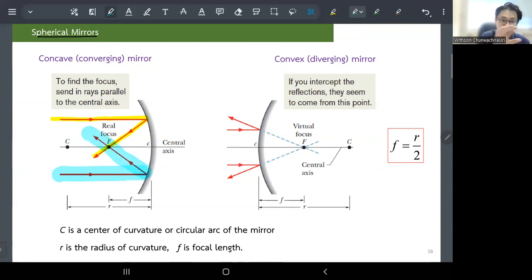If you have a horizontal ray that goes in, this horizontal line you can call the central axis. It's like you cut your mirror in half horizontally. When the light comes in as a parallel beam, parallel to the central axis, the rays will reflect and intersect at a single point, point F, showing right here.